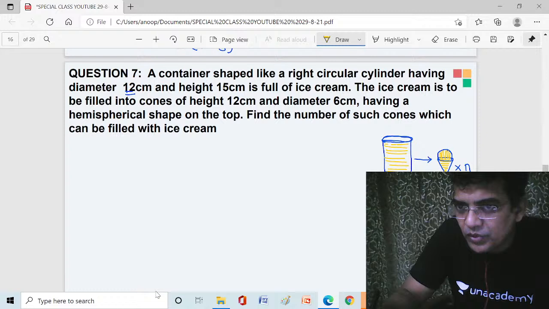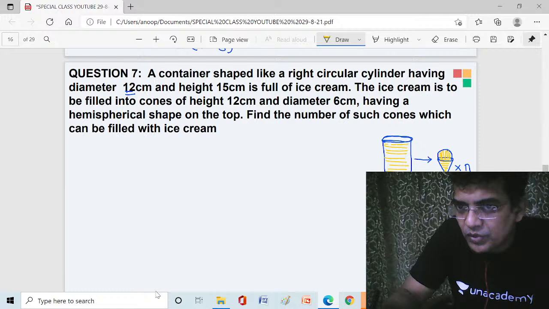Now let's see what's given. The ice cream is to be filled into cones. The height of the cone is given as 12, and the diameter is 6. So the radius will be 3.